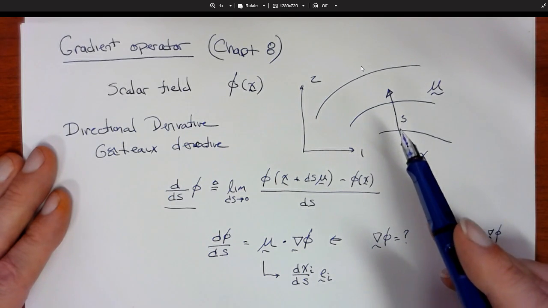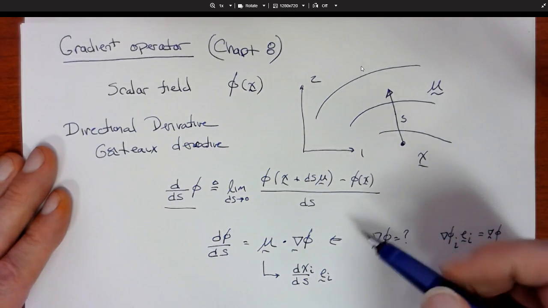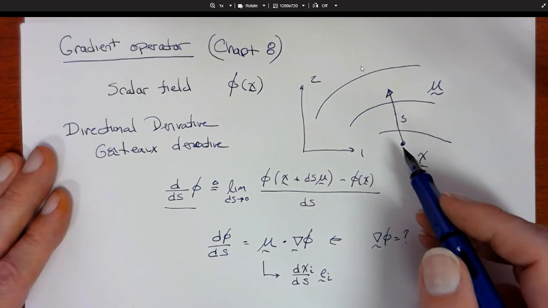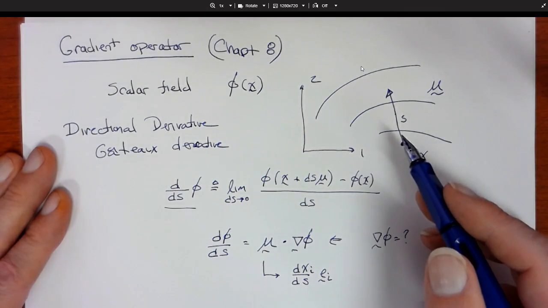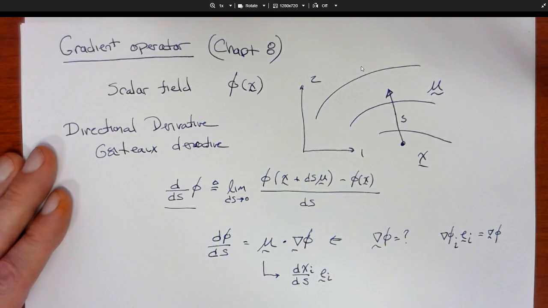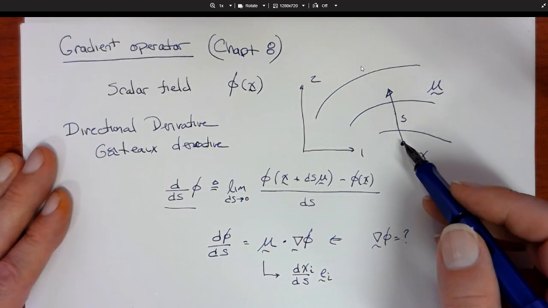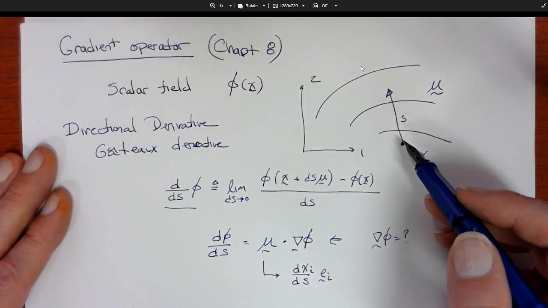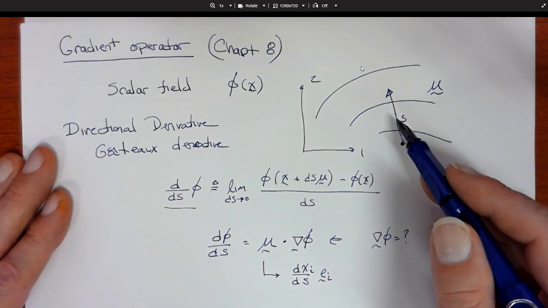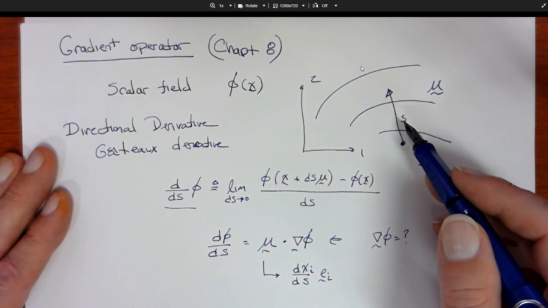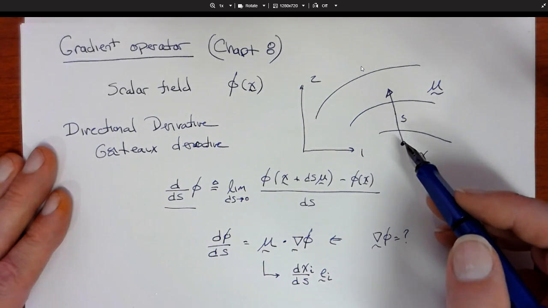So as we change ds, if i equals 1, the amount that dx1 changes as we move ds, that's the component of mu in that direction. Likewise, if i is 2, that's going to give us the component of mu in the 2 direction. As we go delta s, dx2 changes this much, so that's its component.